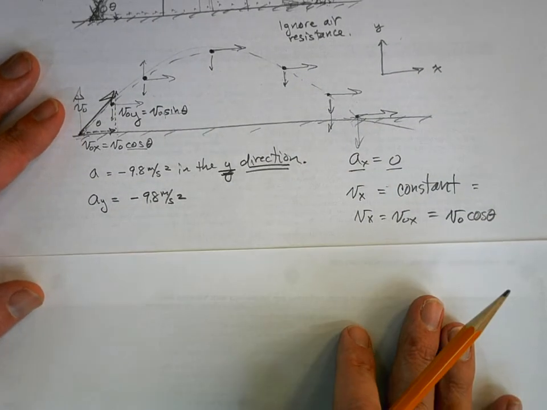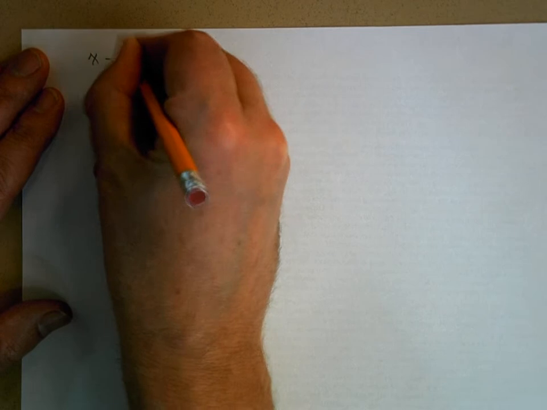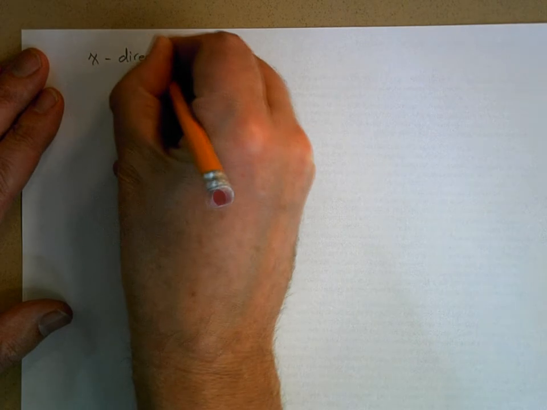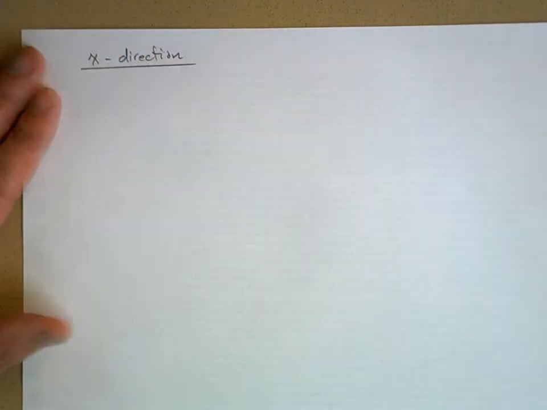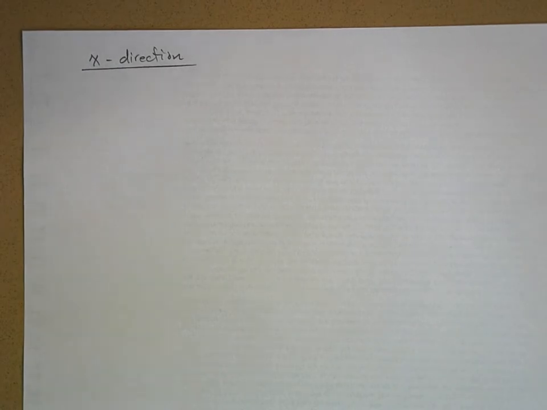Let me just start over here, new sheet of paper. In the x direction, let's just write all the kinematic equations, all 4 of them, but I'm going to put a subscript x for everything.